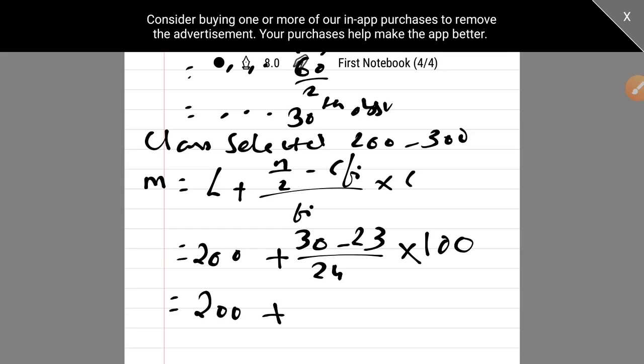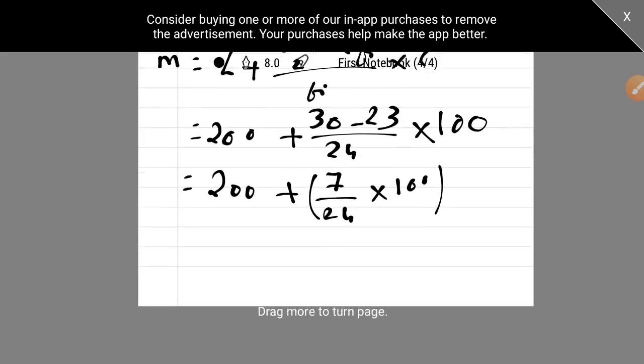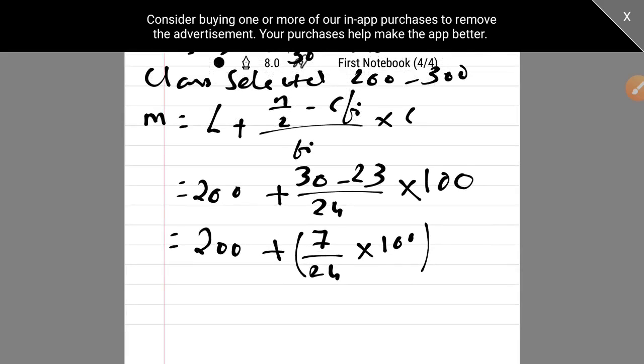200 plus 30 minus 23 is 7. So it's 7 upon 24 into 100. What is it? It is 7 upon 24 into 100. So now you have to solve this. It's 200 plus 7 into 100 upon 24.